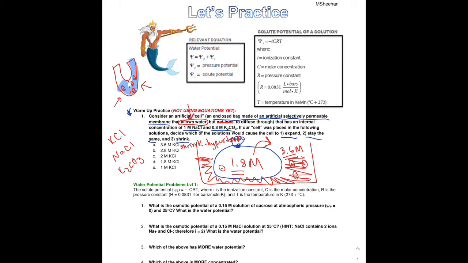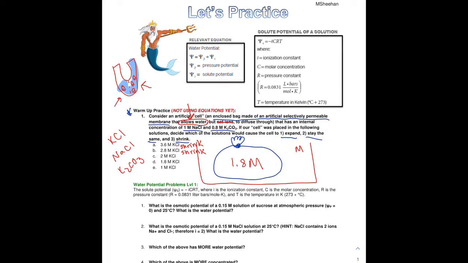So knowing that, let's look at our other ones. If 3.6 made it leave the cell, 2.8 should do the same thing. Water should leave our artificial cell, making it shrink.